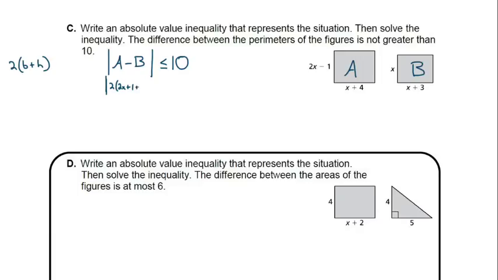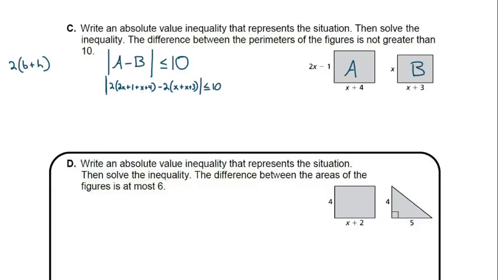Close my parentheses. Then I want to do minus 2 times, do the other one. X is the height, plus x plus 3 is the base. Absolute value is less than or equal to 10.